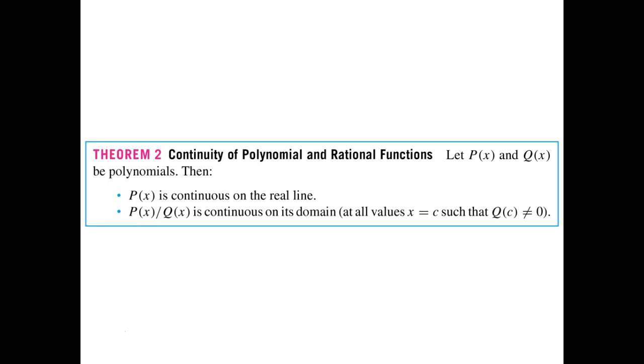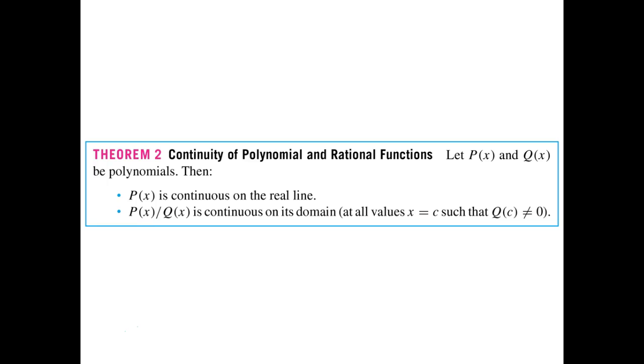But if they have no common factors, if there's a place where this Q of x is equal to 0, Q of c is equal to 0, then at that point you have what they call a vertical asymptote. So any time that you have Q of c equal to 0, you're either going to have a removable discontinuity if that results from a common factor, or it's going to be a vertical asymptote, meaning going to infinity one direction or the other.